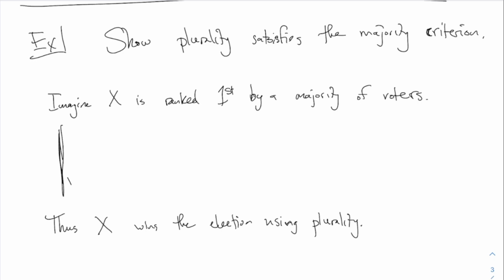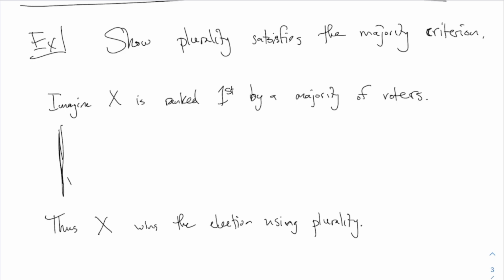Because they got a majority in the first place, and you can't have somebody else get a bigger majority. Majority means more than 50%, right? There's no such thing as an even harder majority. If one candidate gets a majority of the first place ranks, then they automatically got the most, and that means they are the winner. So you have to write something like that.